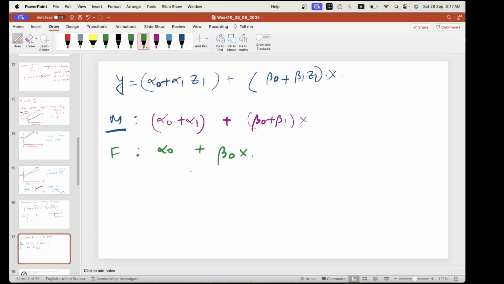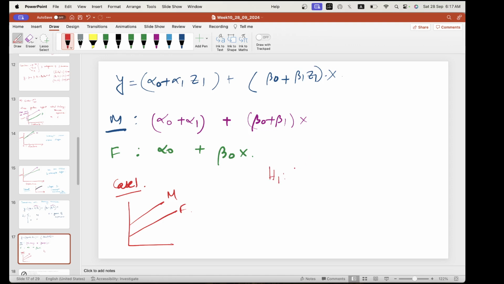Okay, so if we have to model this case, that both are parallel. This is for males, this is for females. Then what do we have to test? We have to test that the slopes remain the same.